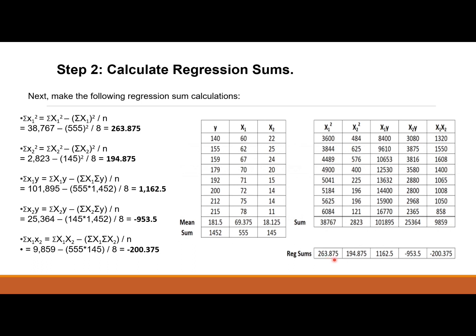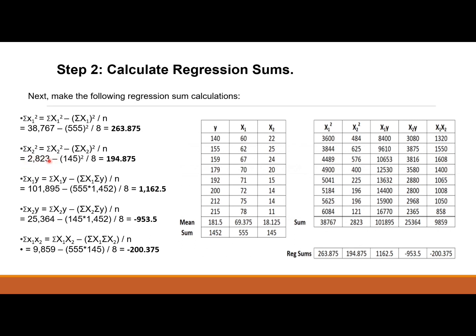Another is the summation of x2 squared. The formula is equal to the summation of x2 squared minus the summation of x2, then squared, divided by n. Our n is 8 values, 8 samples.